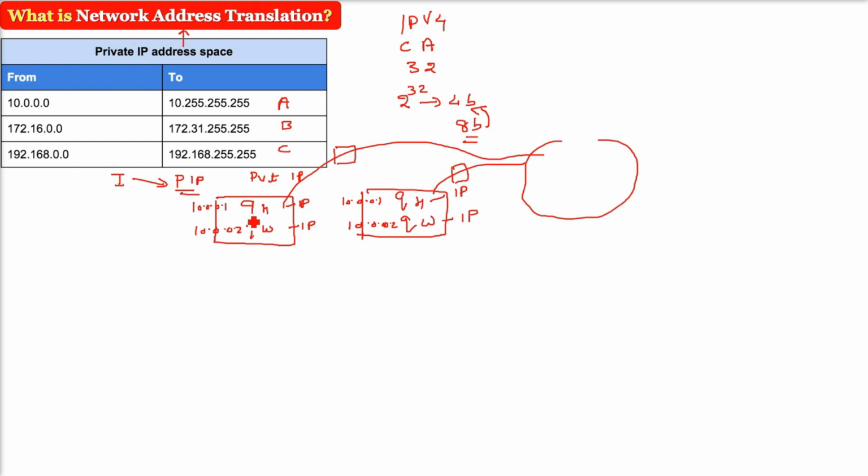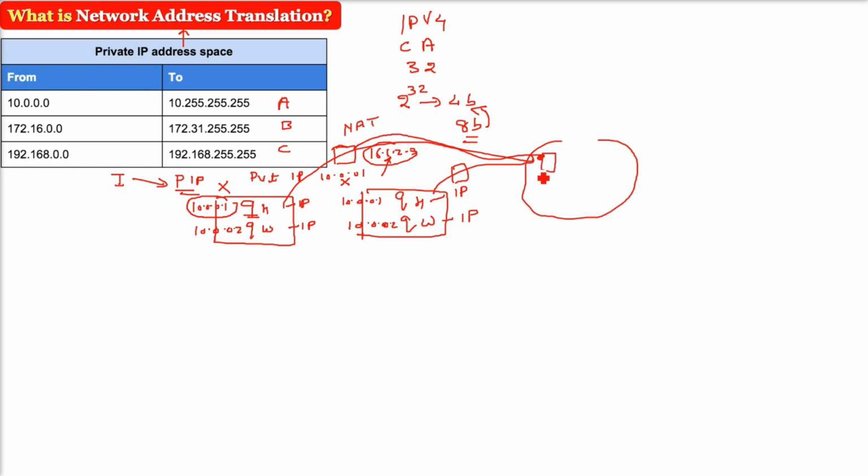So what will happen? Here comes the NAT, the router. Whenever a husband wants to start a conversation or get connected to the internet, he will send the packet, but the source IP is 10.0.0.1. If the router's IP is a public IP, which is 16.1.2.3, then this 10.0.0.1 will be converted to 16.1.2.3, and then it will be transmitted to the internet.